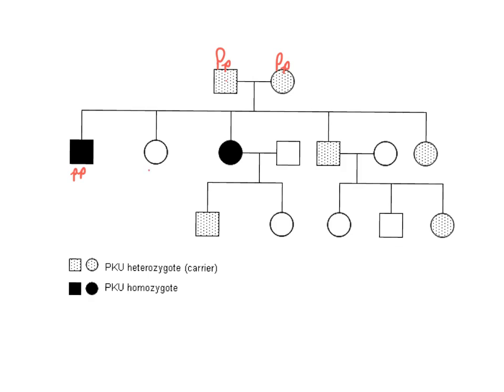This daughter is not a carrier, so presumably has the dominant P's from both parents, right? The dominant alleles. This daughter is affected, so she's got lowercase. This son is a carrier, so he's one dominant, one lowercase, and this daughter, the same thing, carrier, so one dominant allele, one recessive allele, right?